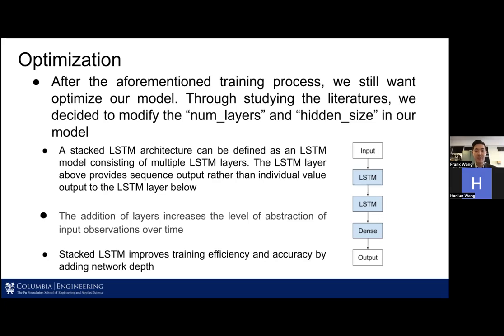Generally in the deep learning field, the deeper the network, the more sophisticated its structure, and it can learn more features of the input data and have a better result.